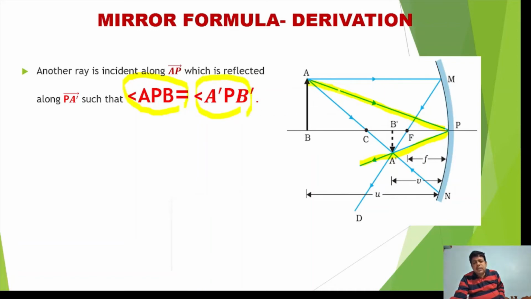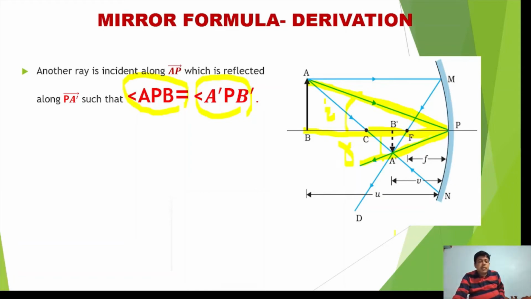APB angle means which angle? This angle is equal to angle A dash PB, which is this angle. Understand or not? This is the angle of incidence, and this is the angle of reflection. Understand?